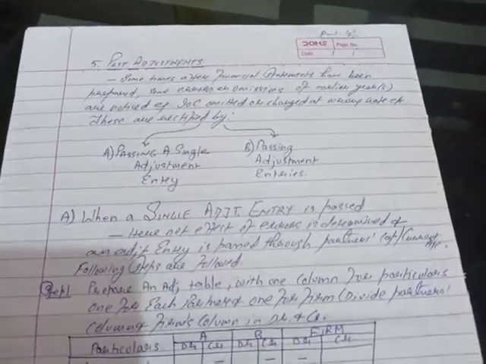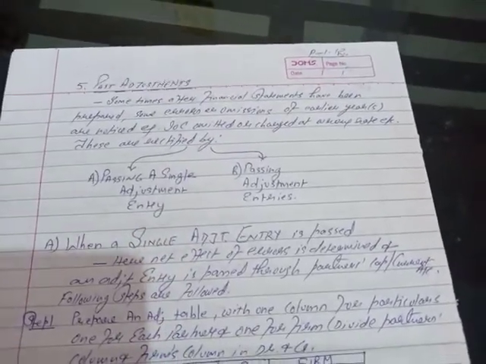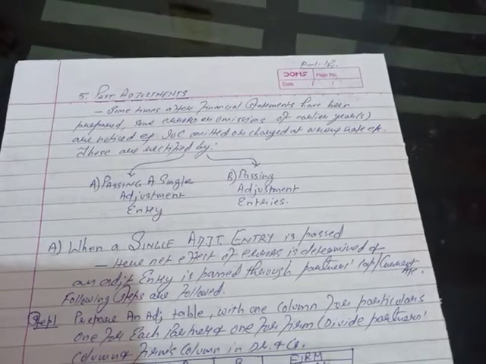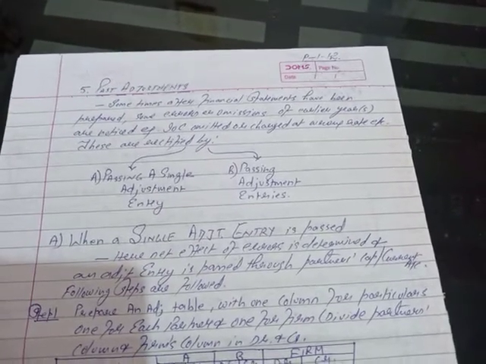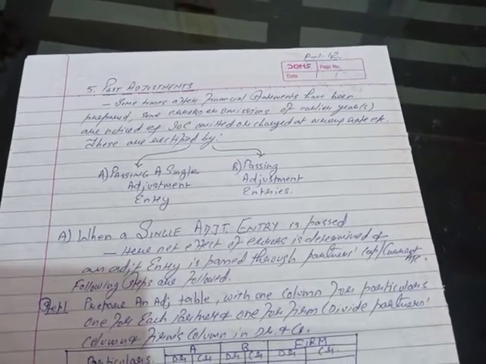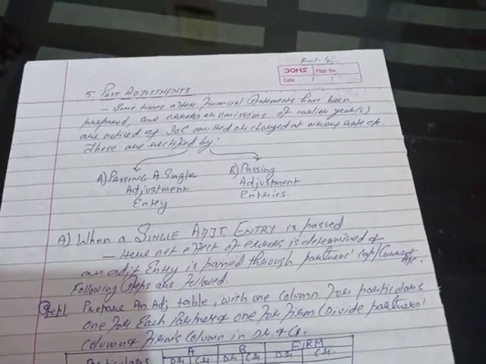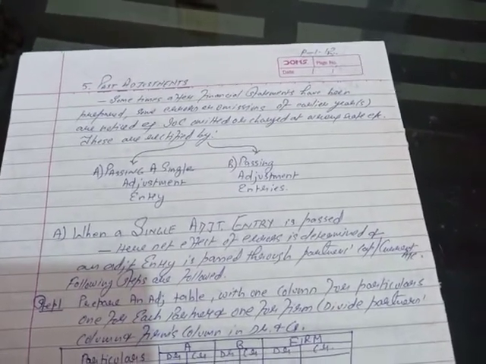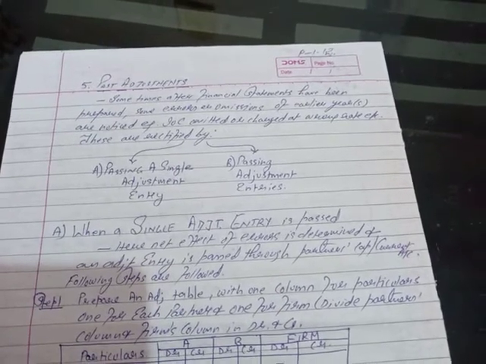The topic for our discussion for today for plus 2 accountancy is past adjustments. Now let's see what these past adjustments are. Sometimes in the previous year or previous years we have not appropriated something, we have not passed certain adjustment appropriation.